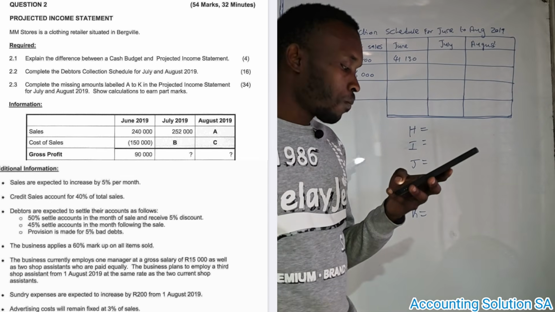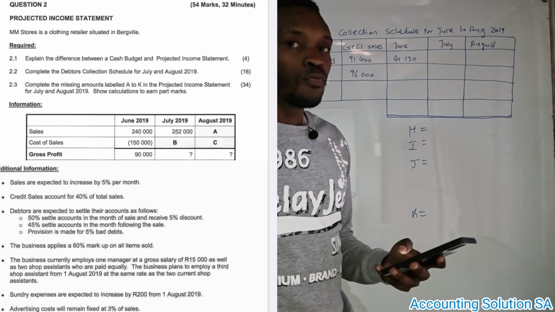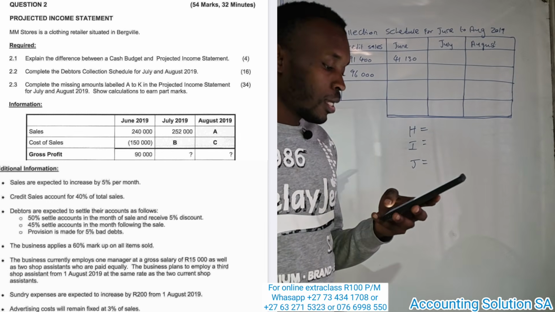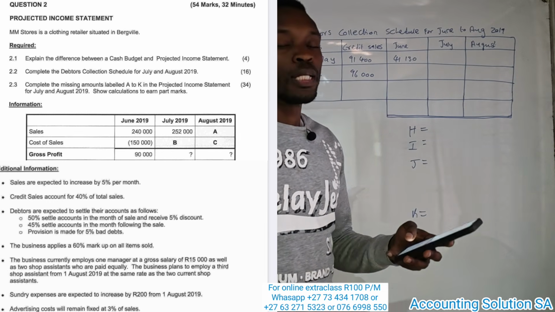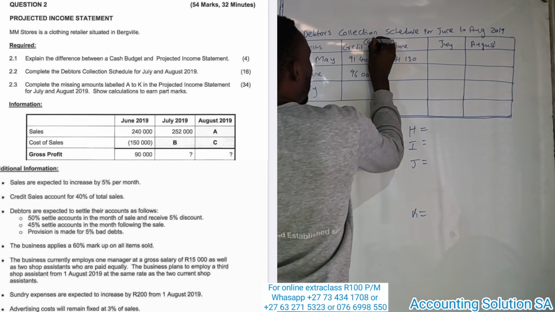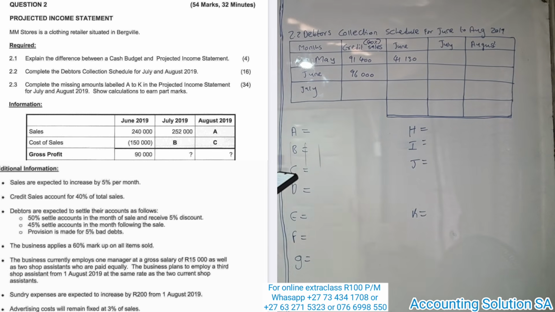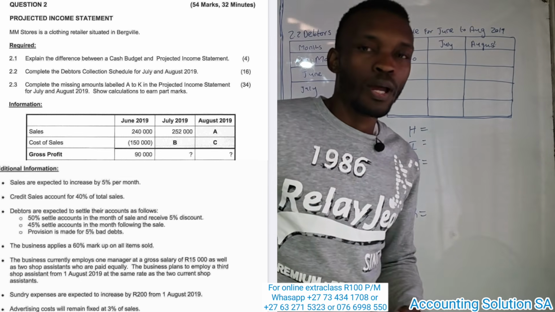Okay, bullet number 2, credit sales account for 40% of total sales. If credit sales are 40%, which means that cash is 60%. Here it's going to be 40%. Now the little problem that we have, guys, is that we don't know the credit sales of July. We have to calculate it.